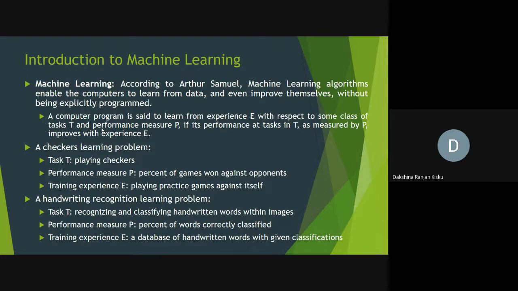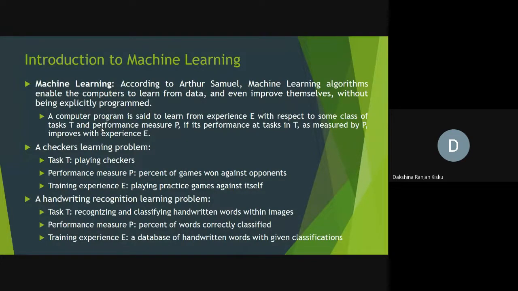Now, here the experience is nothing but the data set which has been provided to the computer program so that the computer program can learn from the experience E, or learn from the data set E.